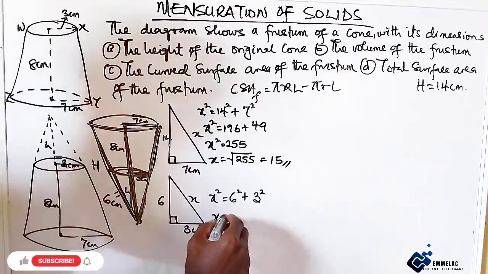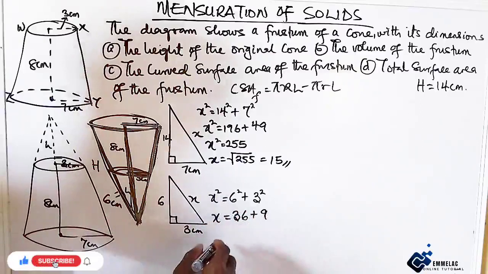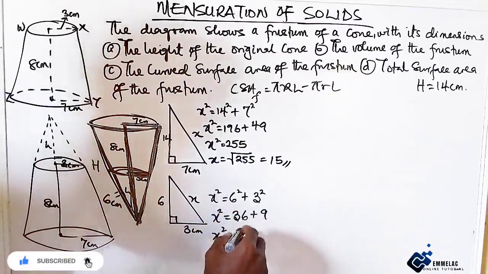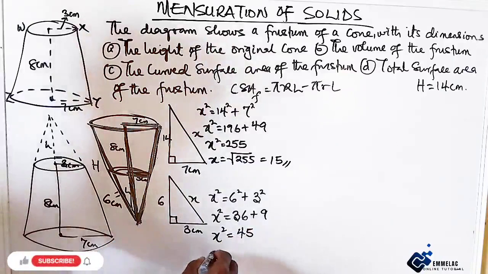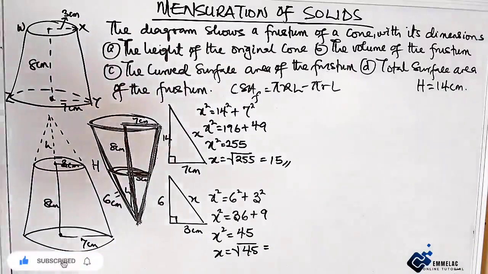this smaller slant height. This is 36 plus 9. Now our x square here gives us 45. Okay, now the square root of 45, the positive value, the square root of 45.